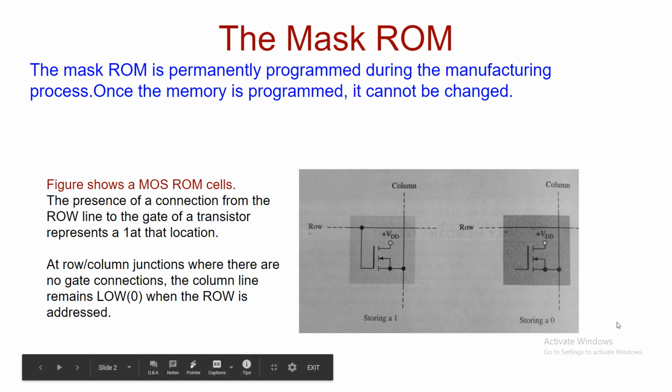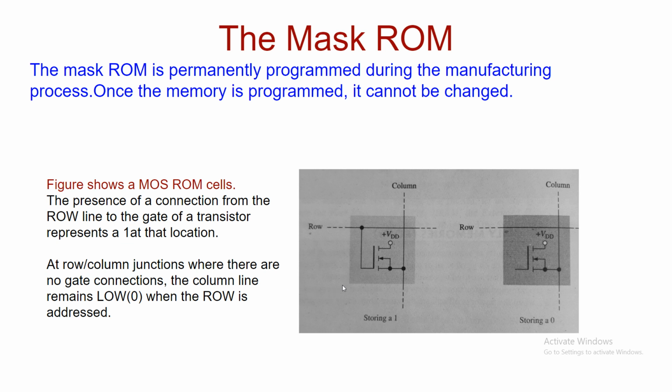In the second cell, the stored bit is 0. The presence of a connection from the row line to the input of the transistor indicates that the data stored at this location is 1.